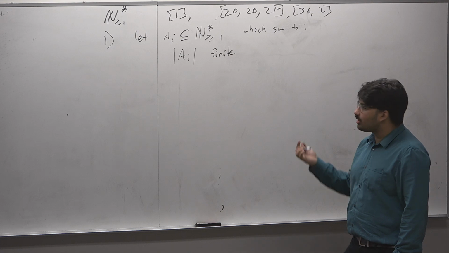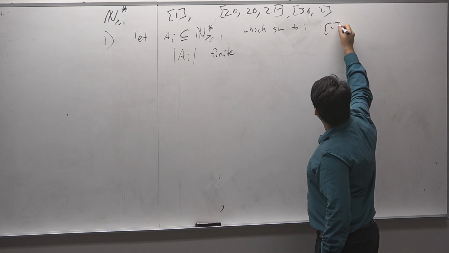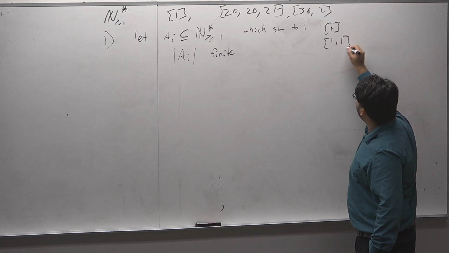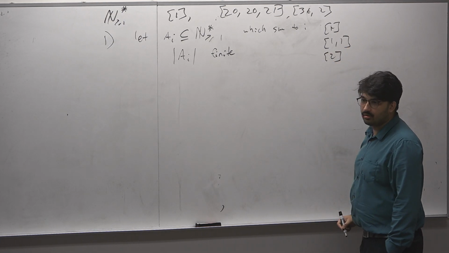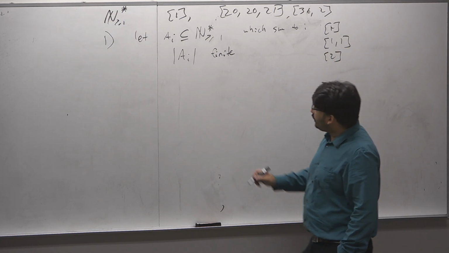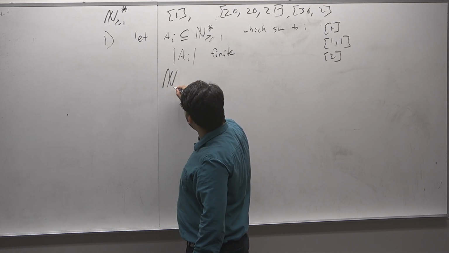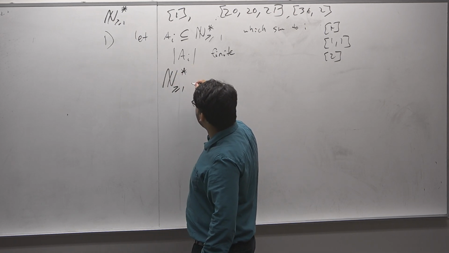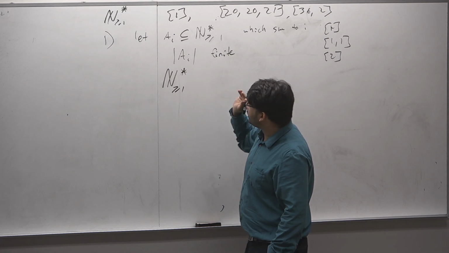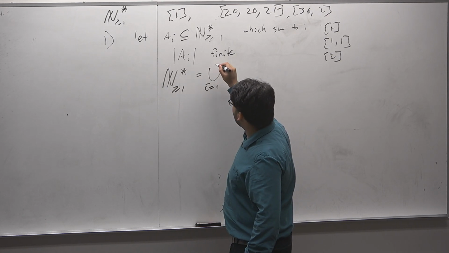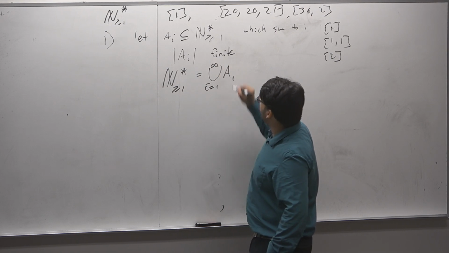How many sequences sum to 1? That one. How many sequences sum to 2? That one and that one, right? So we know that the set of terminating sequences of naturals greater than or equal to 1 is equal to the union, I equals 1 to infinity, of A of I, right?